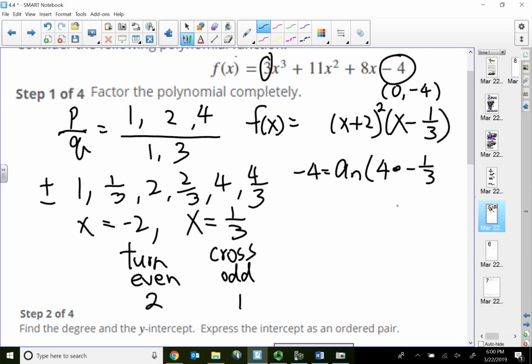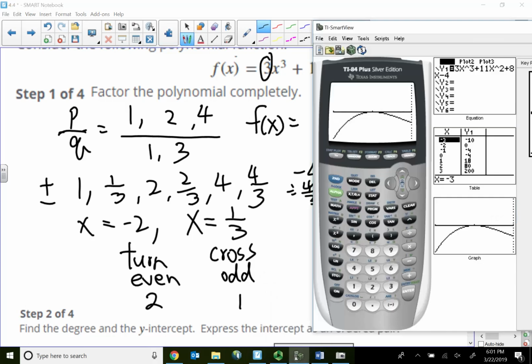So 4 times negative 1/3 will give me negative 4/3. To get my leading coefficient by itself, I have to divide both sides by negative 4/3. Negative 4 divided by negative 4 over 3 tells me my leading coefficient has to be 3.